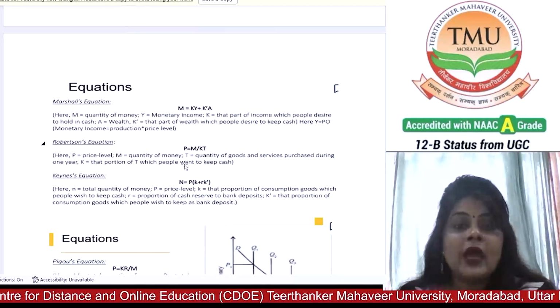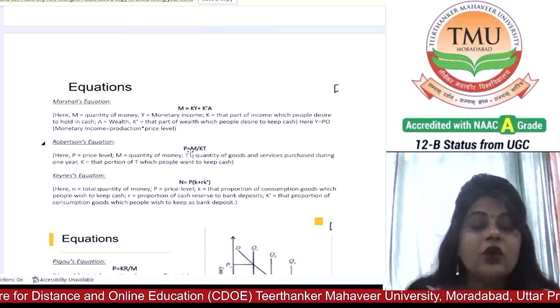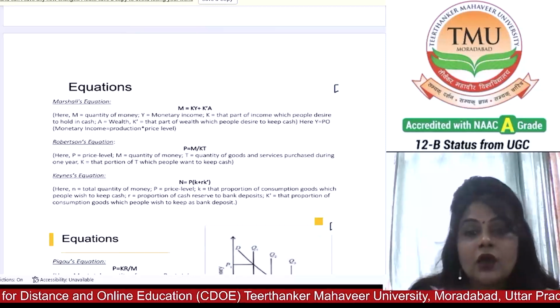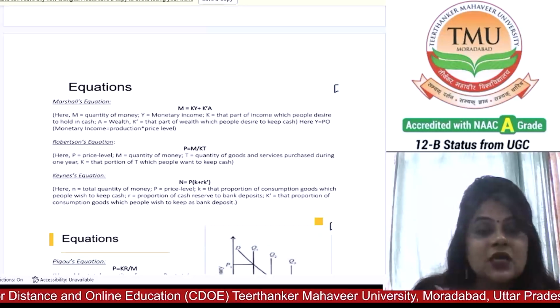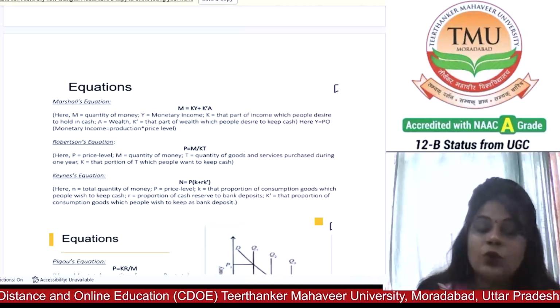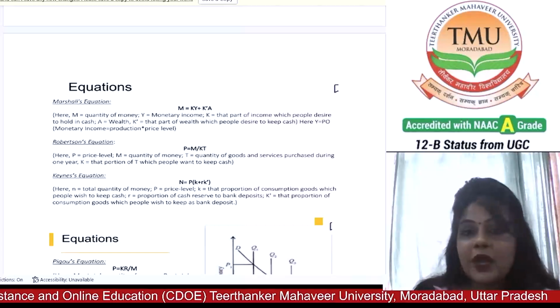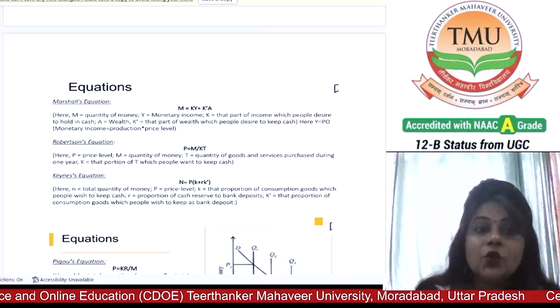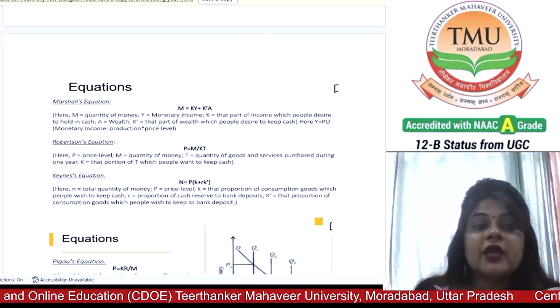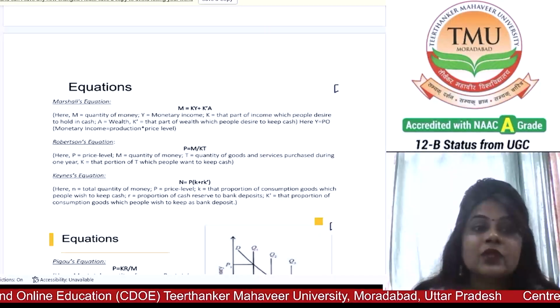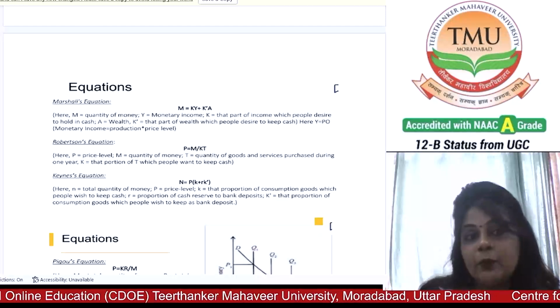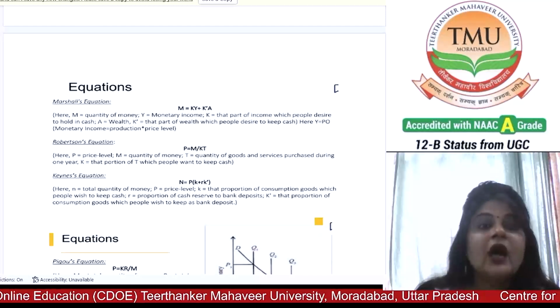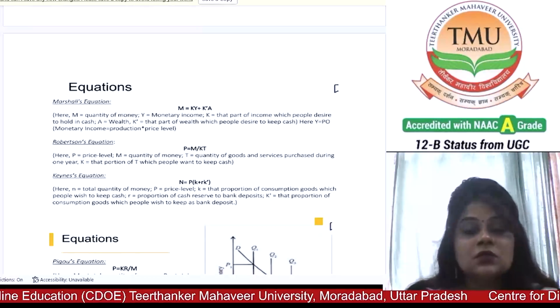So P is equal to M upon KT. And we also say M is equal to PKT, where M is the money supply, P is the price level, T is the total volume of transactions, and K is the demand for money that people want to hold as cash balance.